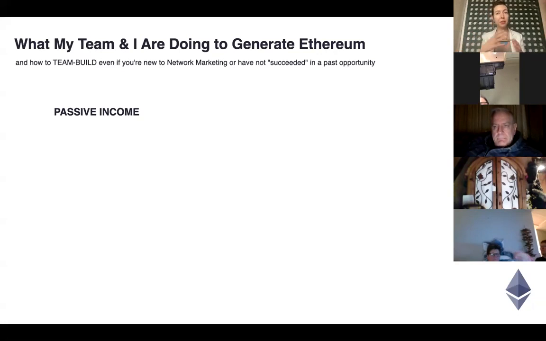It is residual in terms of how many people you have on your team, and it growing over time when the payments hit and people upgrade with the smart contracts. So the Ethereum gets sent immediately to your ETH wallet with the team building option.